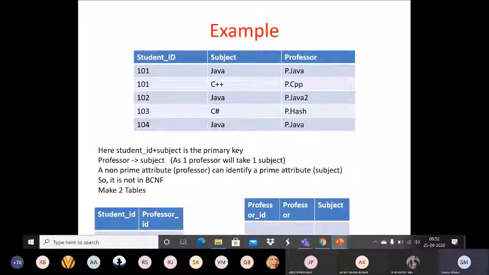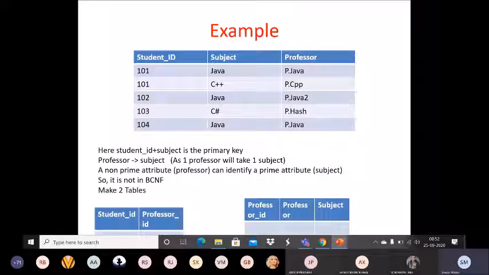So I am repeating this thing. Just see again. A non-prime attribute, that is professor, can identify part of the prime attribute, that is subject. Subject is not a prime attribute by itself, but it is a part of the prime attribute.